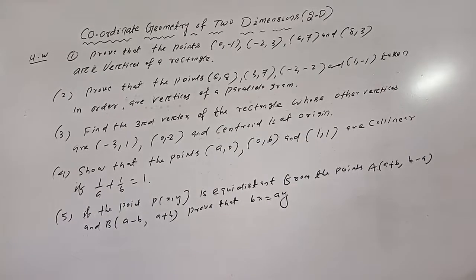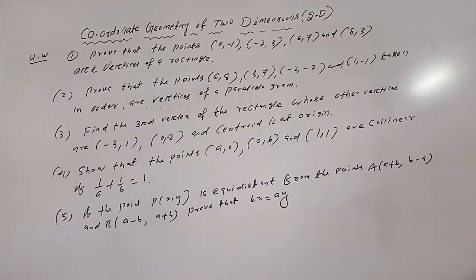So some questions for yourself, this is the homework. Number 1: prove that the points are the vertices of a rectangle. Rectangle means how can you prove that? In a rectangle opposite side lengths are equal and the lengths of the two diagonals are equal, or you can also prove that in a rectangle the diagonals bisect each other and the lengths of diagonals are equal.